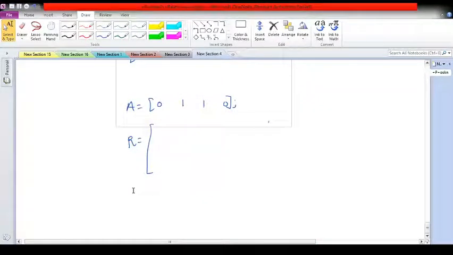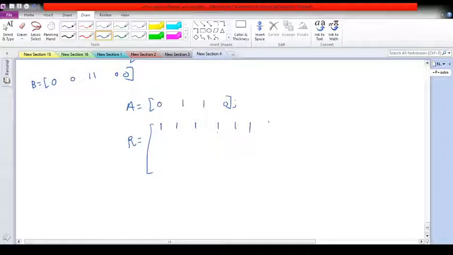If A then B. A was 0 1 1 0 and B was 0 0 1 1 0 0. From that we obtain the relation matrix as: first row all 1, last row also all 1, and the second row 0 0 1 1 0 0.